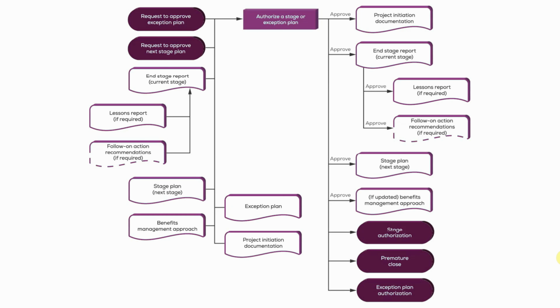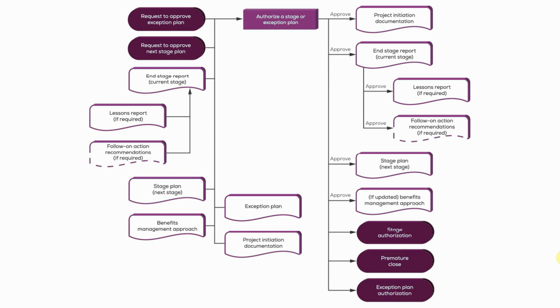Together with that, obviously, we provide the project board with the stage plan, which will include any product descriptions for products to be delivered during the next stage, or alternatively an exception plan, which again will include product descriptions. And a benefits management approach: as a result of any lessons or the updated business case, for example, there may have been an update to the benefits management approach.